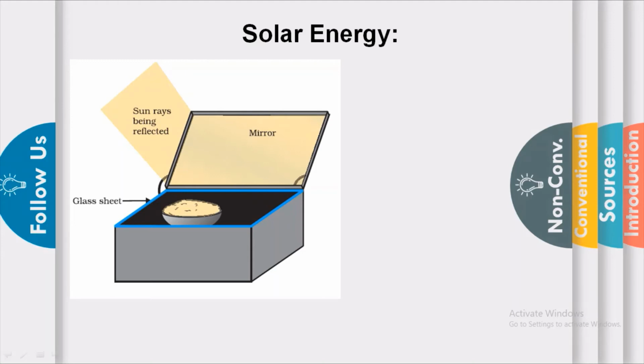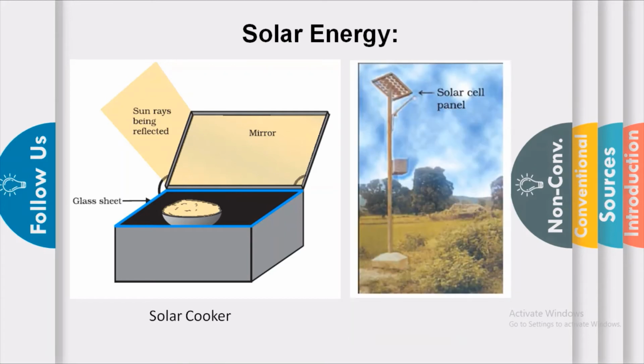Let us look at how we use solar energy. Solar energy is used to produce electricity also. Solar energy is converted into electricity using solar cells. A solar cell is a device which converts solar energy into electricity.